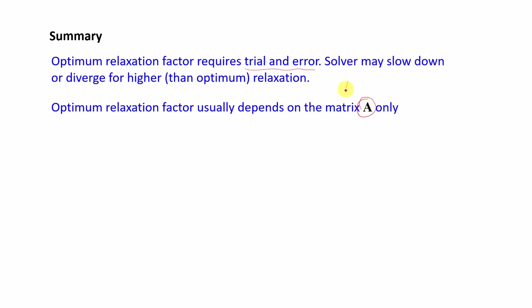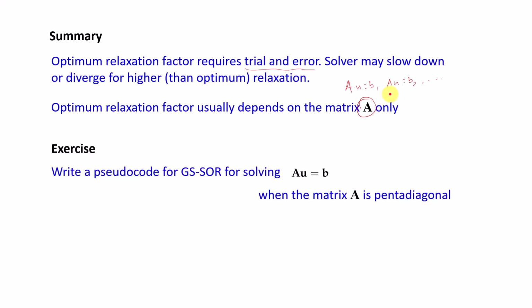So when we are solving Au equals b1, Au equals b2, etc., many times, then we can trial with one of these systems and get a relaxation factor, and then we can use that relaxation factor subsequently. But in this case, we will solve Au equals b1. So the relaxation factor, unless you are really convinced, will probably not be very useful here.